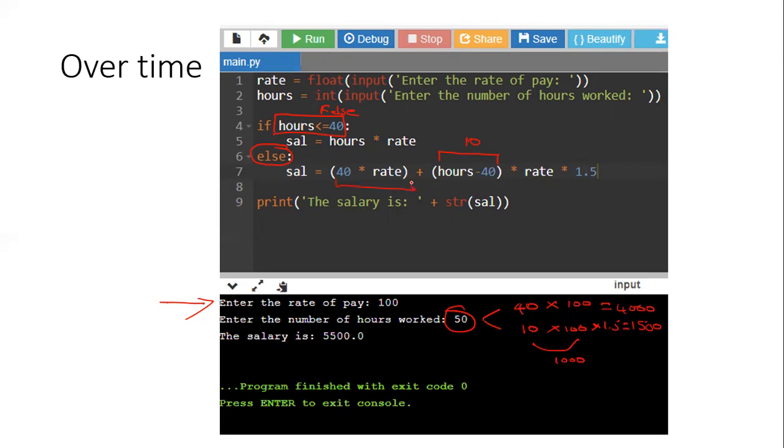Take those two and add them up. So we've got 4,000 plus 1,500, giving us 5,500. And if we look at our output, the salary is 5,500.